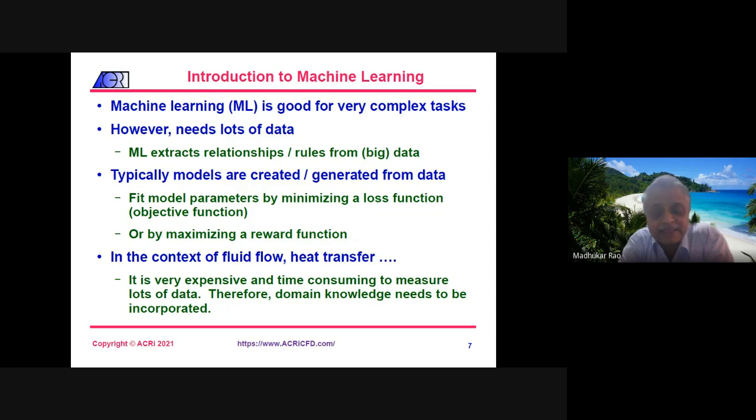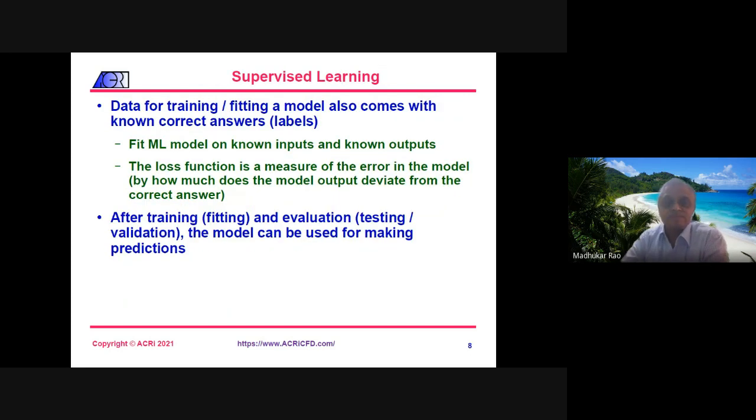So how do we train a neural network to do a good job in CFD if you don't have a lot of high quality DNS data or experimental data? Therefore, we want to incorporate domain knowledge, or specifically the Navier-Stokes equations, into the neural network. And how do we go about doing that?